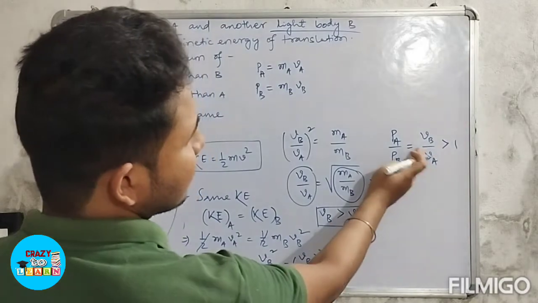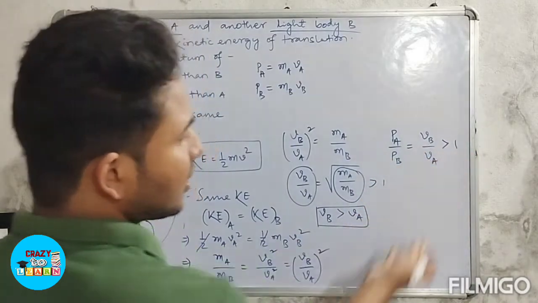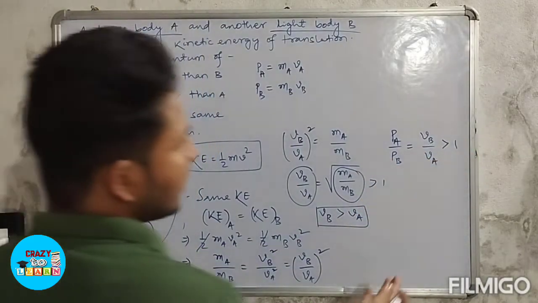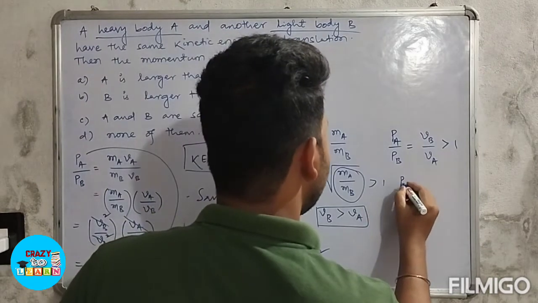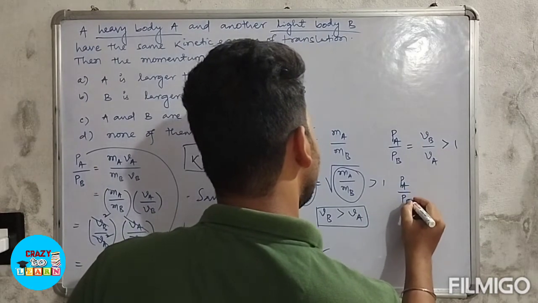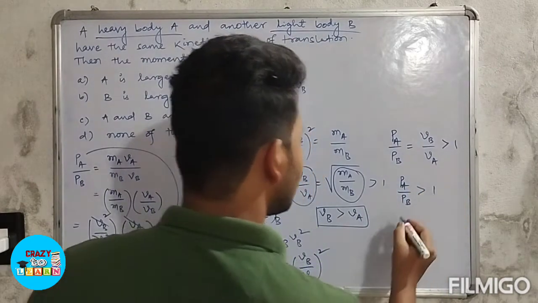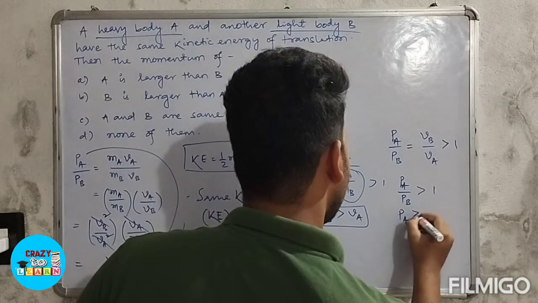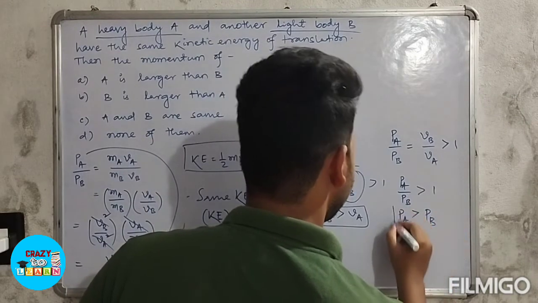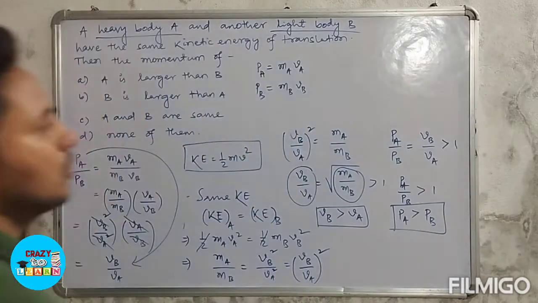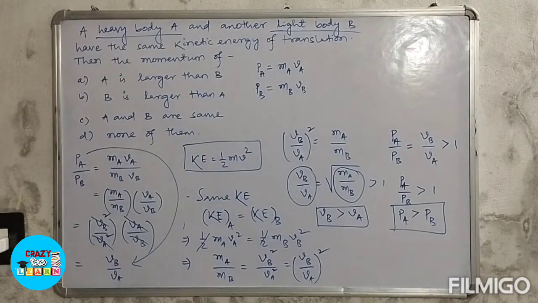As VB is greater than VA, it is confirmed greater than 1. So PA by PB is greater than 1, so we can write PA is greater than PB.